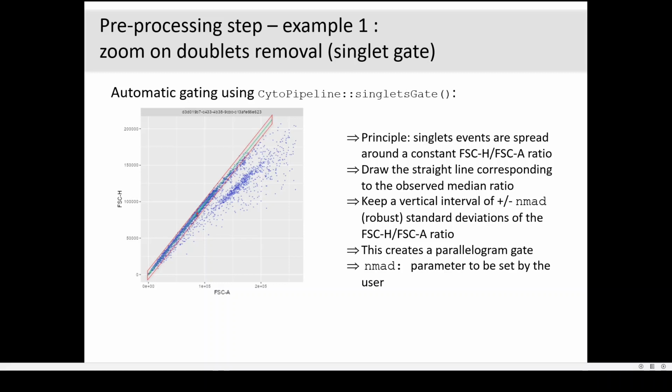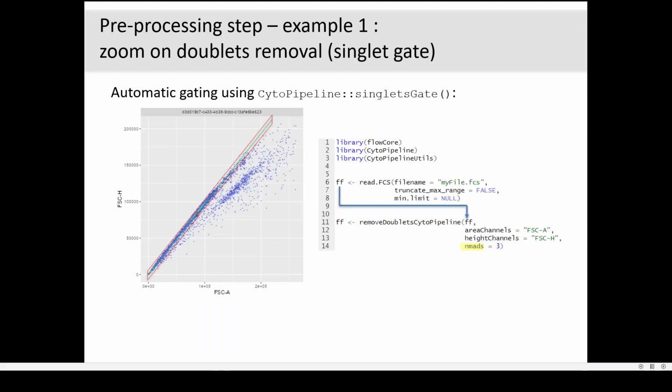And nmad, so here the nmad would be a parameter to be set by the user to define the width of the vertical interval. And so if we implement this in code, in fact, what we would do is implementing this kind of code chunk, where we first start with invoking, so loading the packages we will need in the subsequent code, then calling two different statements.